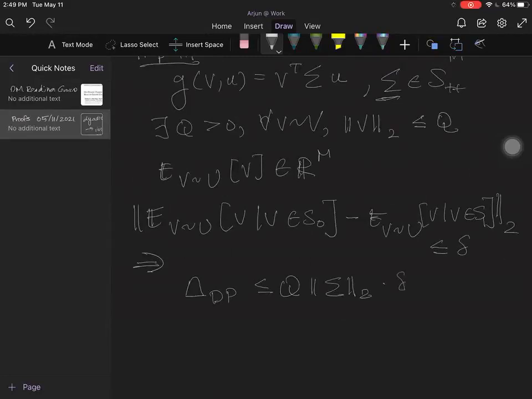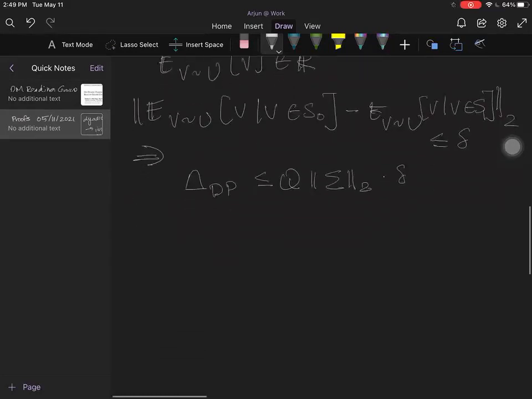times the same delta. And so you might be wondering, what exactly is demographic parity? Like, how are we defining it here?